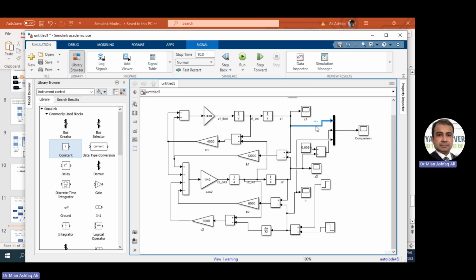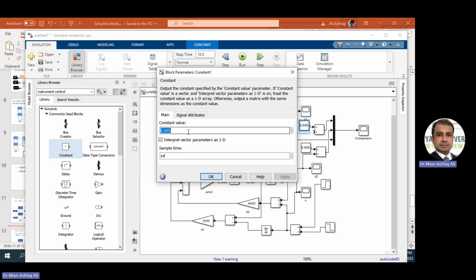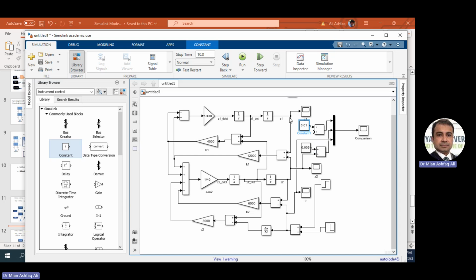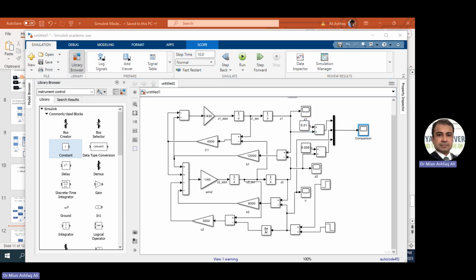Similarly, if I use the same technique for this third signal and add a bit higher values, double click this with this signal, and now do the simulation.